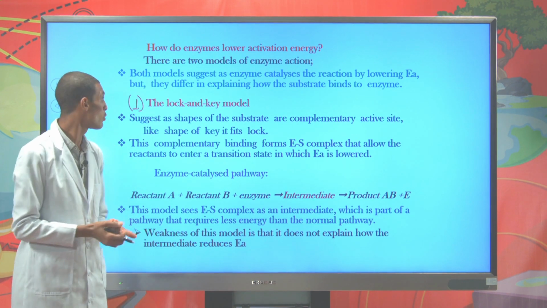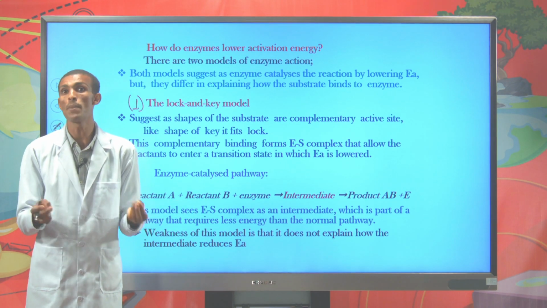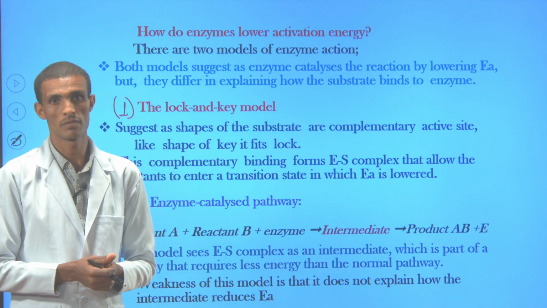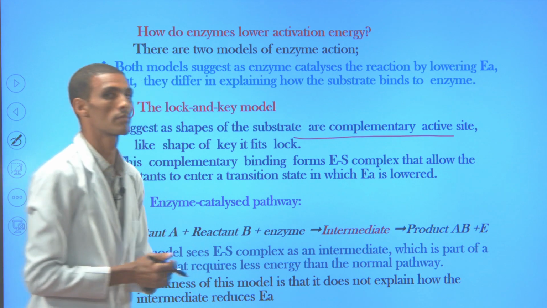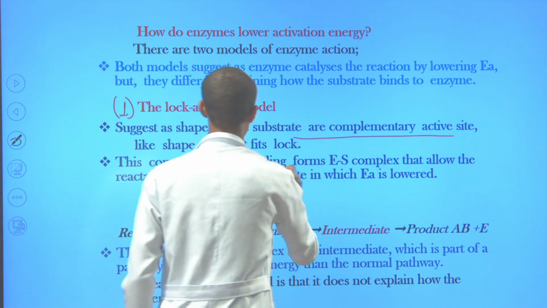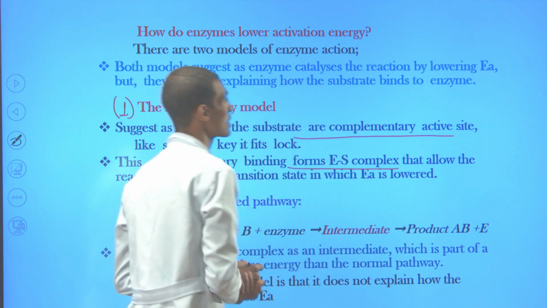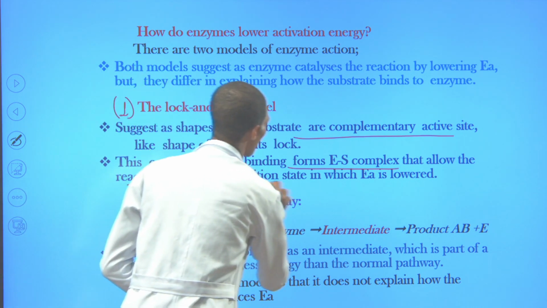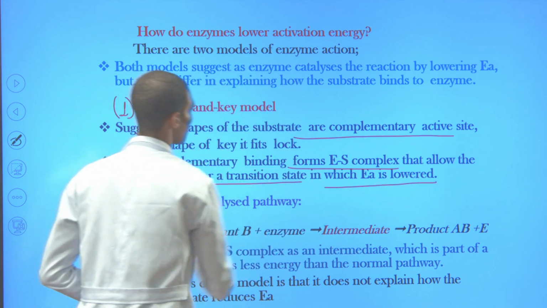According to the principle of the lock and key model, the shape of the substrate is complementary to that of the enzyme active site. There is complementary shape binding here. They assume that this complementary enzyme substrate binding forms the enzyme substrate complex that allows the reactant to enter the transition state, lowering activation energy.